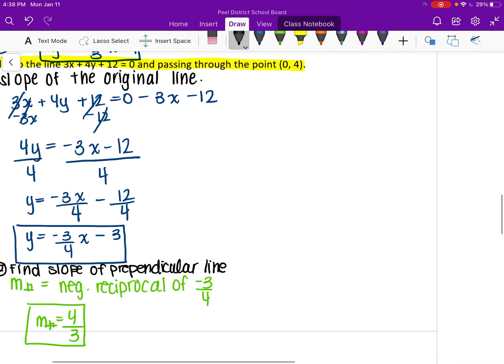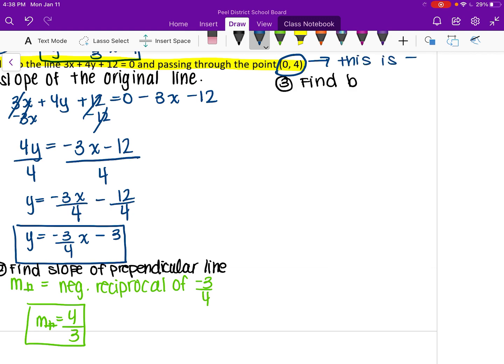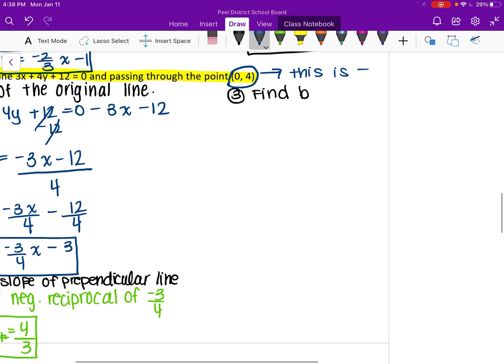And after I find the slope of the perpendicular line, find b. So either I can plug it back into y equals mx plus b, or I can just look here and say, okay, 0, 4, that means that this is the b-intercept, or the y-intercept.